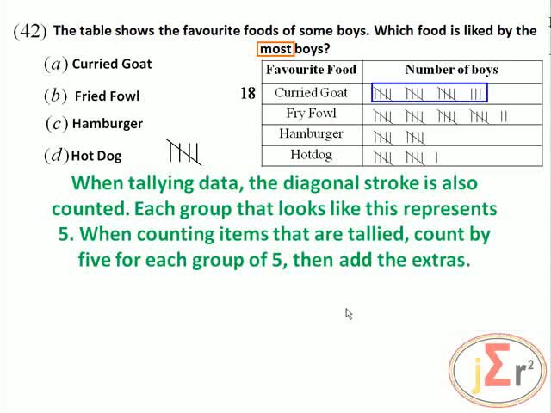And for fried fowl, how many? 22. So we have 5, 10, 15, 20, and then we put the 2 with it. So we count by 5 and then add the extras. So that turns out to be 22. And hamburger, just 10. Right. So just 5, 10. No extras.